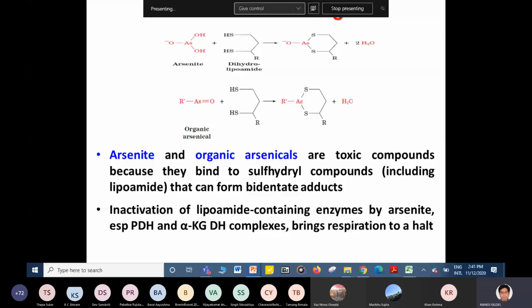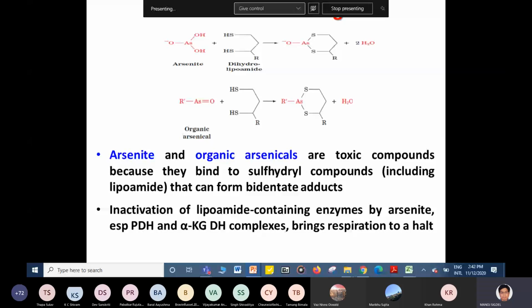This is about arsenic poison. Arsenite and organic arsenicals are toxic compounds because they bind to sulfhydryl compounds. What is the sulfhydryl compound here? It is in the pyruvate dehydrogenase complex, actually the dihydrolipoamide portion. Inactivation of lipoamide-containing enzymes by arsenite, especially pyruvate dehydrogenase complex and alpha-ketoglutarate dehydrogenase complex, brings respiration to a halt.